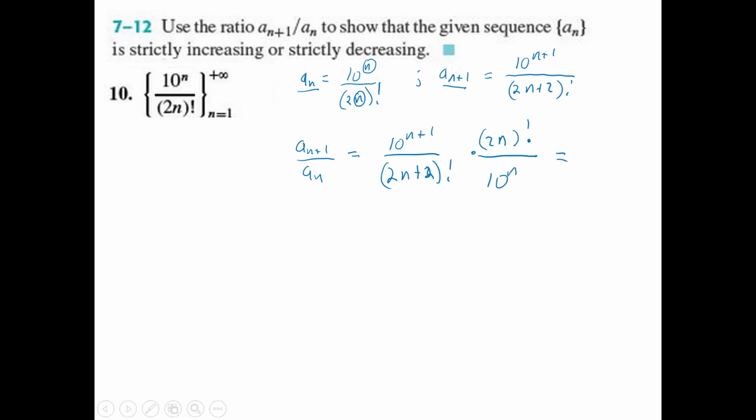And then we clean that up, and we want to compare that to 1 after we clean it up. To clean it up, you have the same base, so you subtract the exponents and you just get 10.